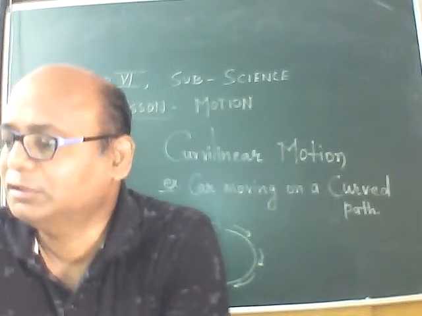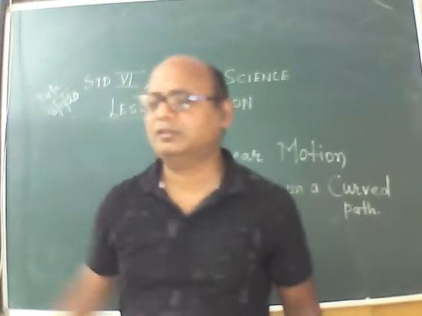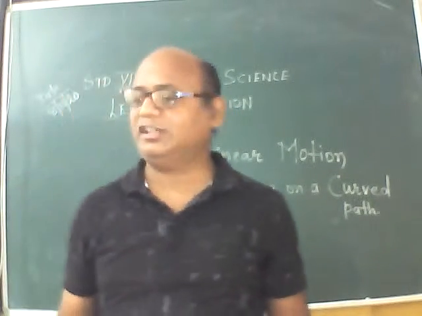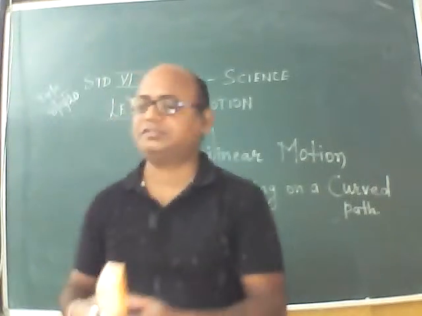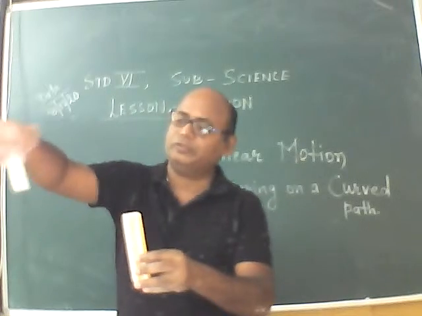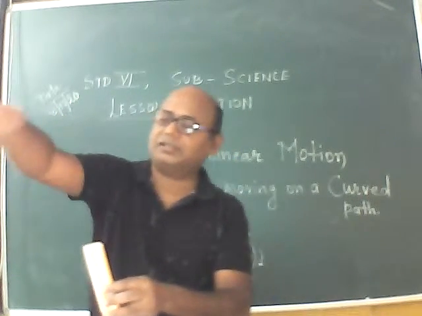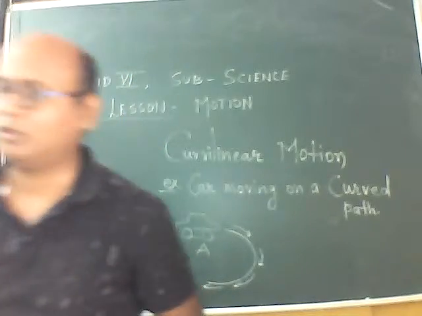Okay, then Unnati Srivastava gave a very correct answer. Planets moving around the sun. Suppose this is the sun, this is the planet, they are moving. How is this path? Curve. Around the sun.